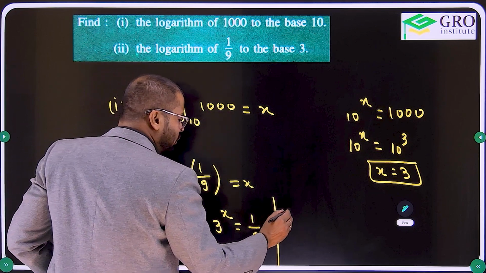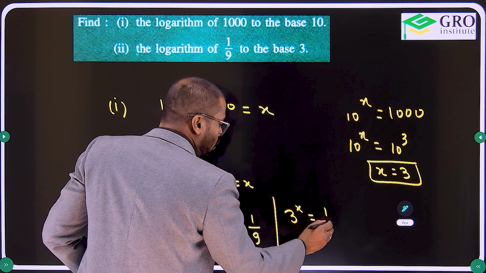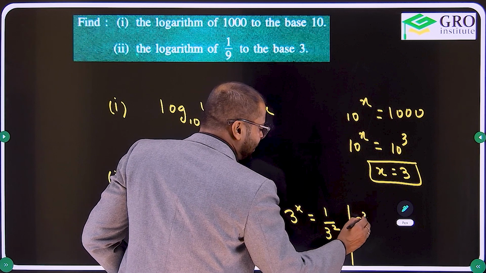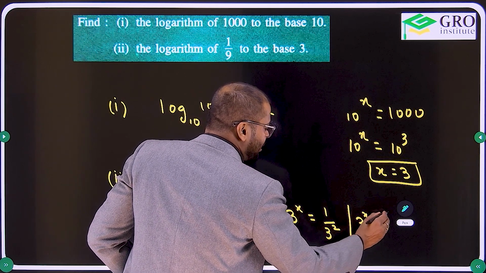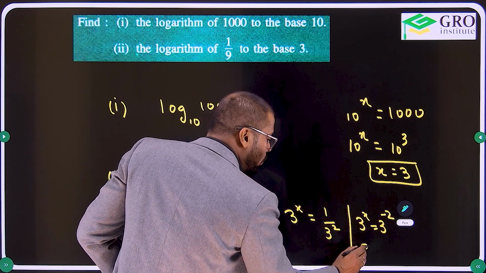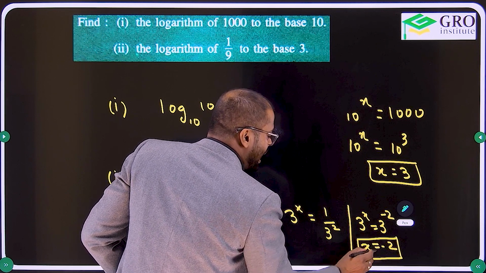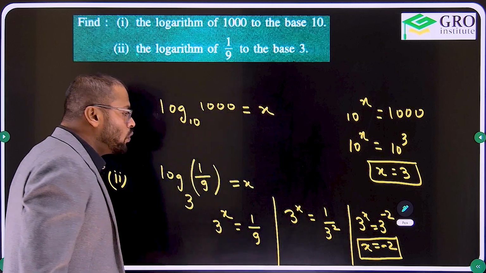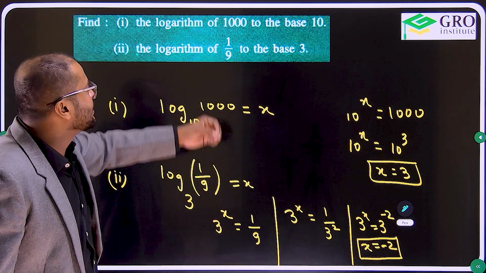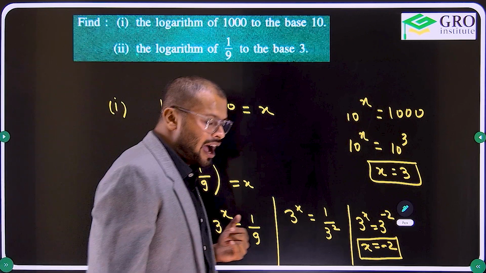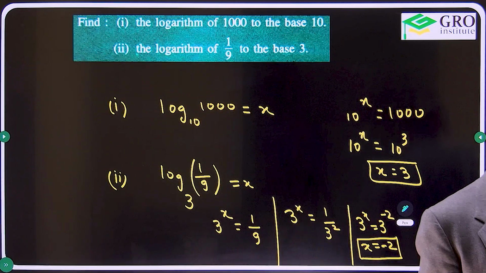So 3 to the power x is equal to 1 by 3 square, and 3 to the power x is equal to 3 to the power minus 2, and here you have x is equal to minus 2. I hope you got the answer for both the questions, right? I hope it is clear. You may check this out.